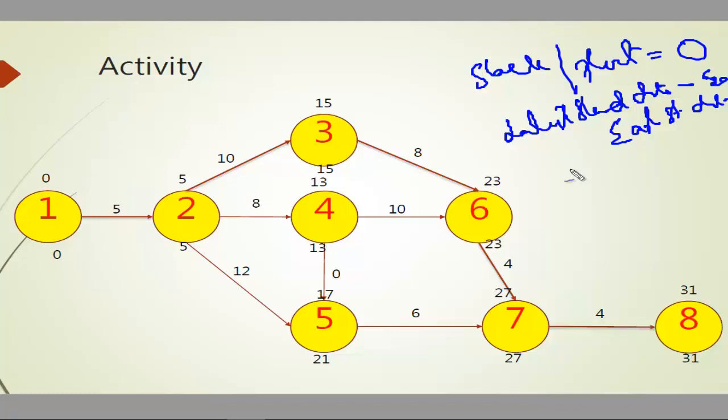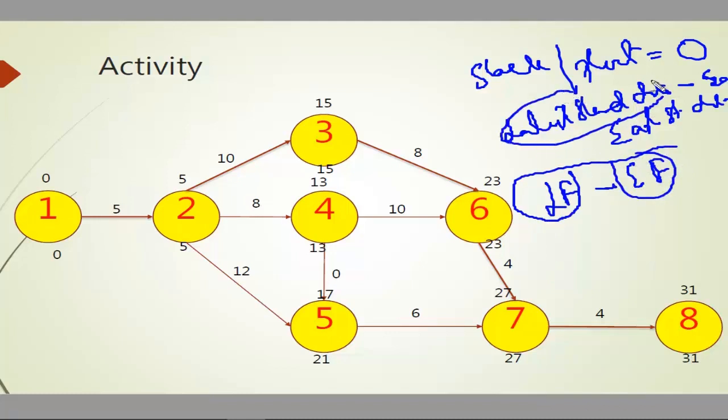You need to calculate either these two or these two. That is your choice. Then subtract them, and if it is 0, we take that activity.